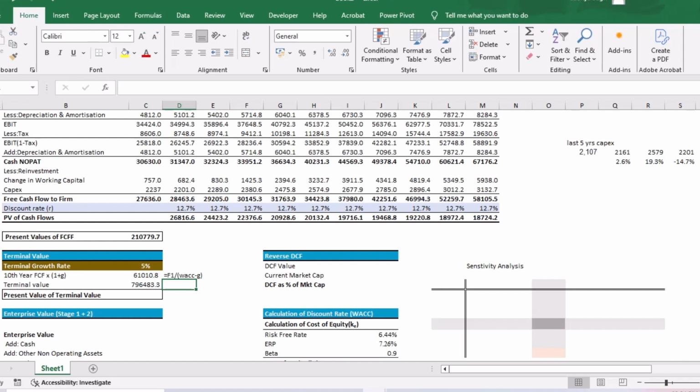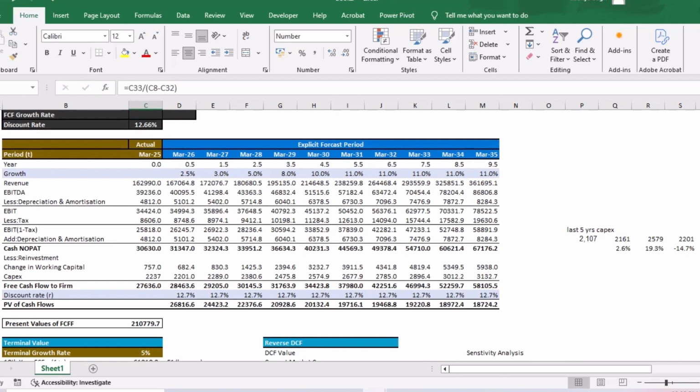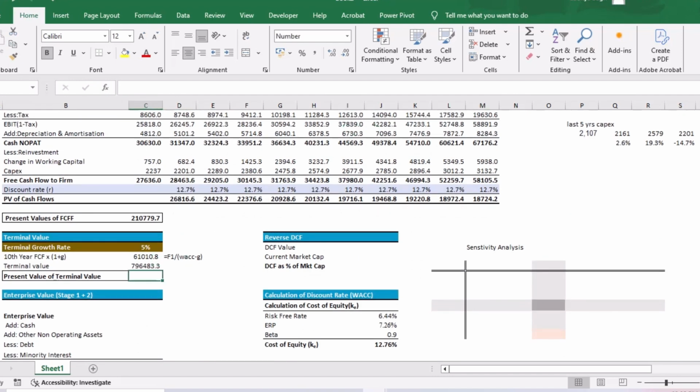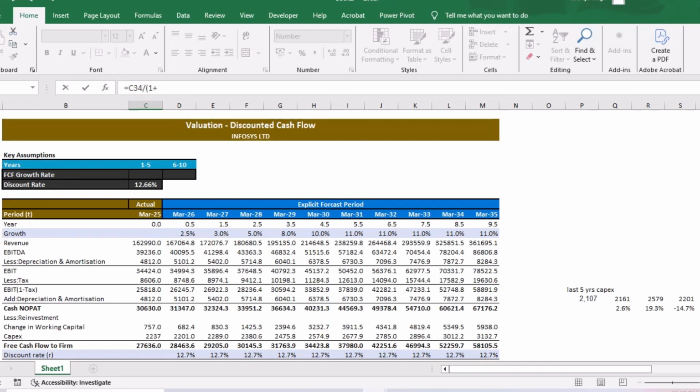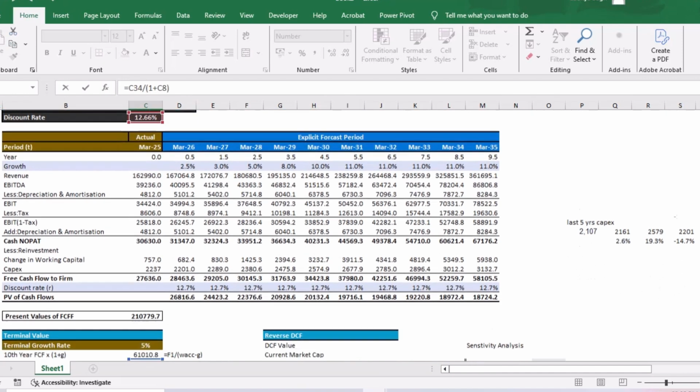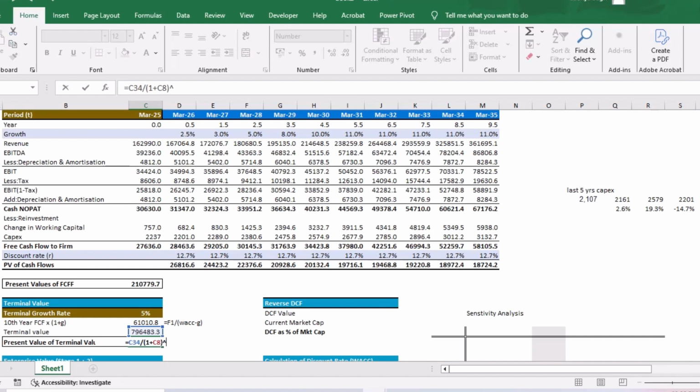Okay. This is our terminal value at the end of the 10th year. Okay, so we need to take it or convert it into day zero. Means in FY25 we are standing here. So for that, this divided by 1 plus our WACC to the power of 9.5, because the terminal value that we have arrived at is at 9.5.